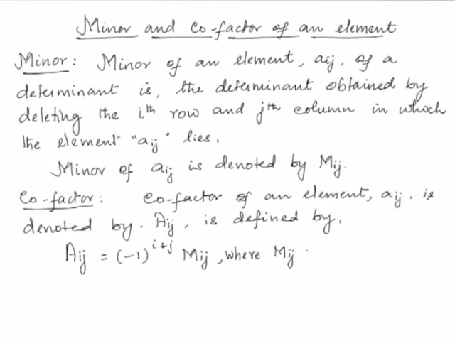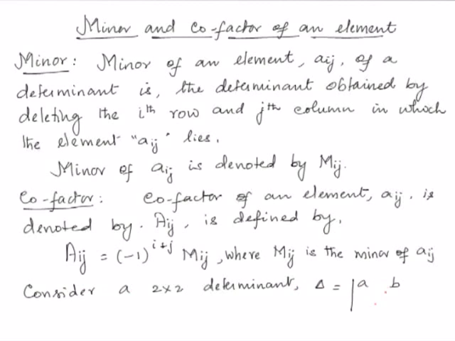Mij stands for the minor of the element. Here again, if it is a 2 by 2 determinant, then you will have an element. If it is a 3 by 3 determinant, then we will have a 2 by 2 determinant itself to be computed. Now let us consider a 2 by 2 determinant and understand cofactor and minor. Then we will move on to a 3 by 3 determinant.